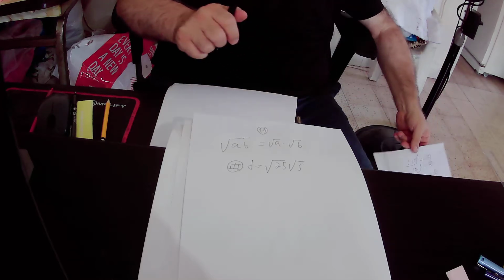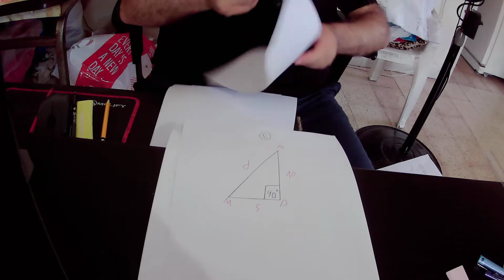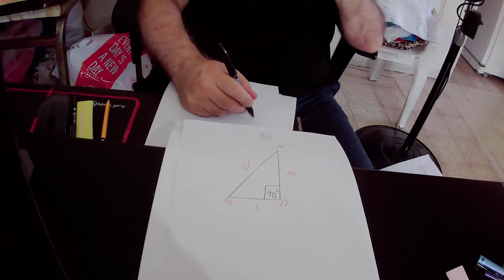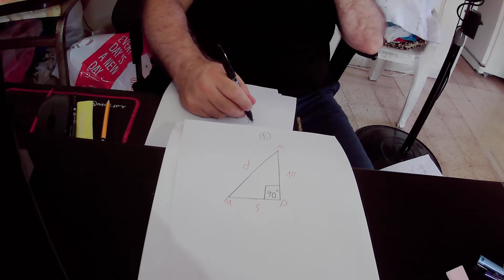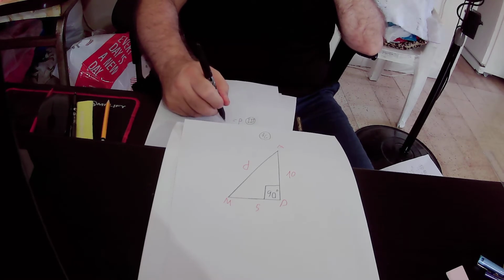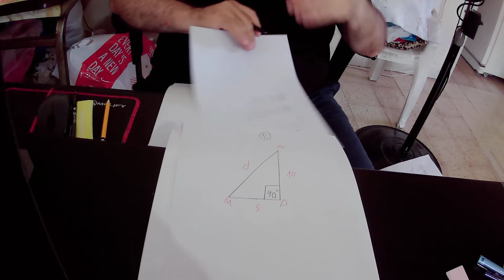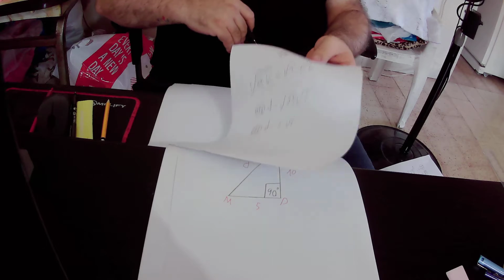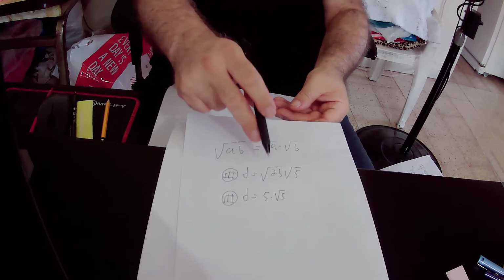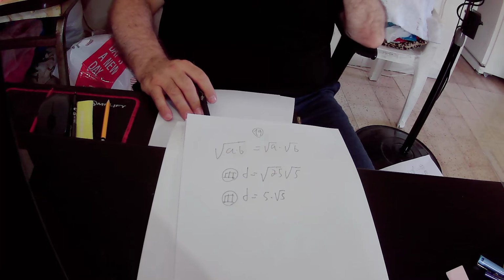The root of 25 equals 5, so we got that d equals 5 times root 5.